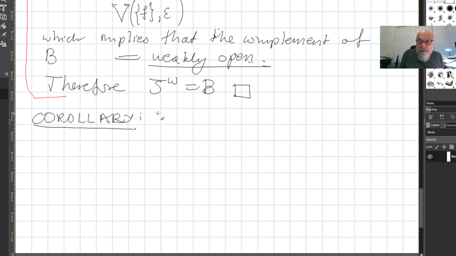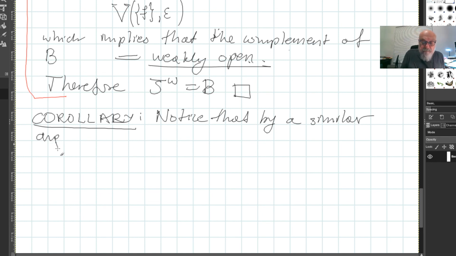Notice that by a similar argument as presented above, let's not corollary, that's a remark.